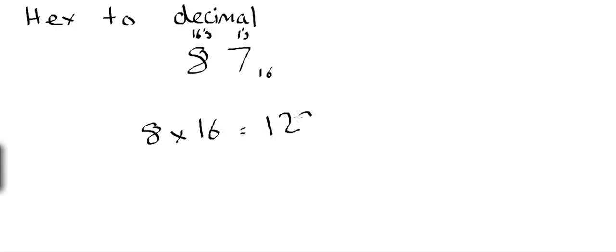Okay, so if we do one more example of that, if we go with the hexadecimal value of 87, and we need to convert that into decimal, what we're going to say is that we have 7 ones and we have 8 16s. So we can do 8 times 16, which equals 128, and we know we've got 7 ones, so we can add that on, so that should equal 135 in decimal.